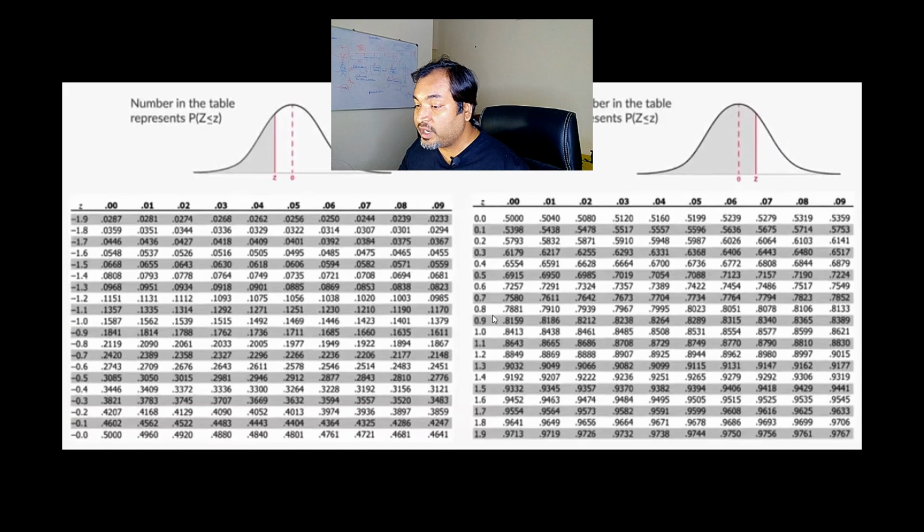Left side is for the negative Z score and right side is for the positive Z score, right? So we have to identify 1.65. After 2 decimal points, we have to go till here, right?